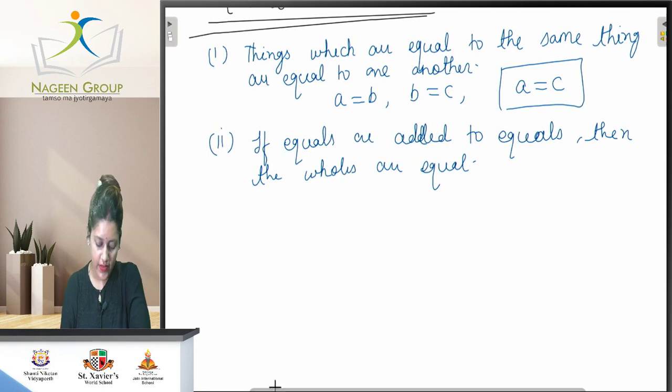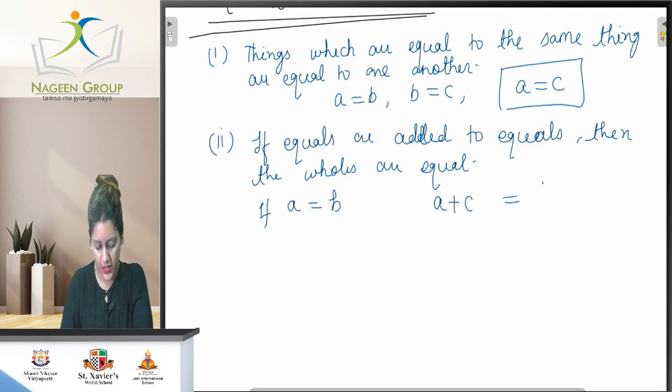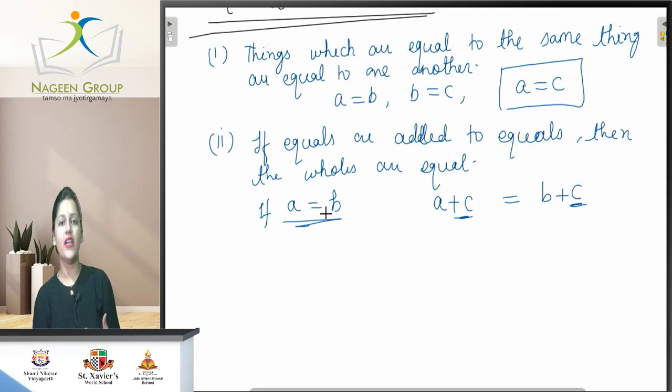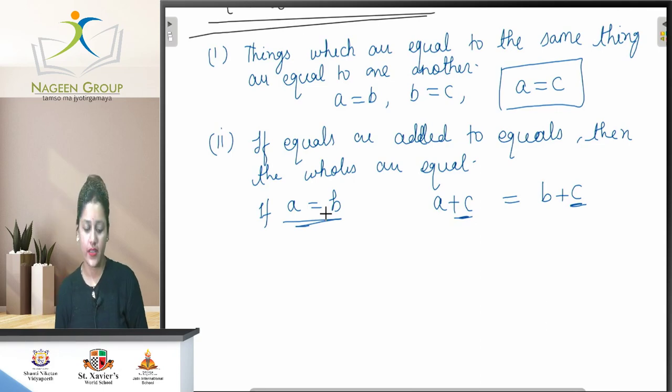Have you understood? If A equals B, then A plus C equals B plus C. Meaning if equal things are added to equals, they are already equal, but if we add something to both, then they are also equal. Have you understood?